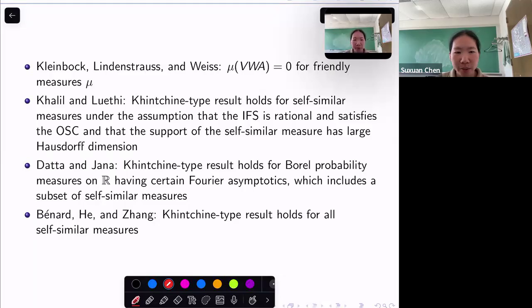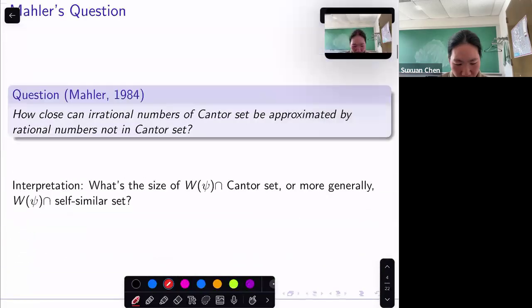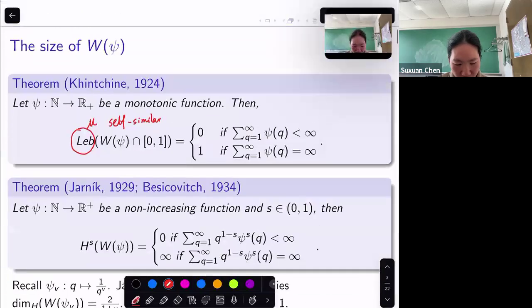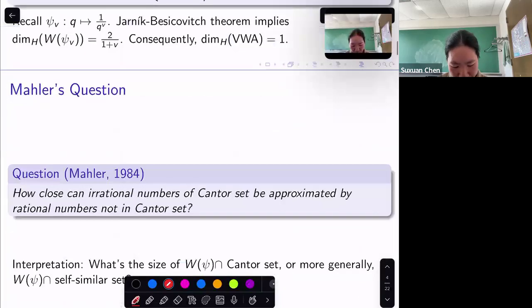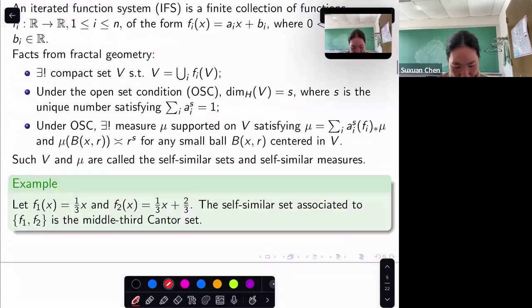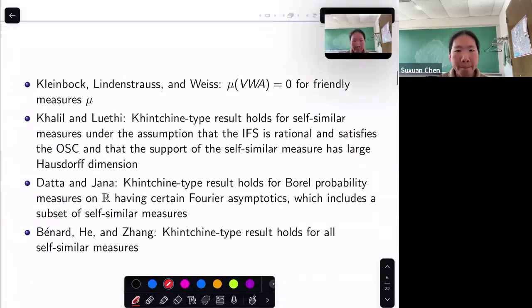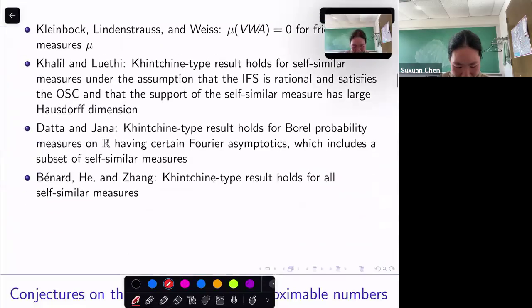And by very recent work of Baker, He and Zhang, the Khinchin type result holds for all self-similar measures. So now we have no assumption on this mu. This result holds for all self-similar measures mu.